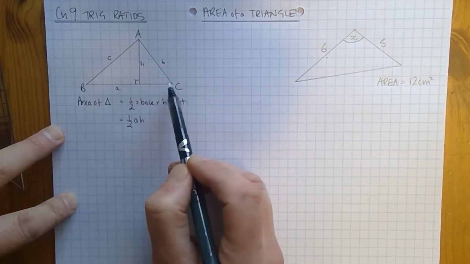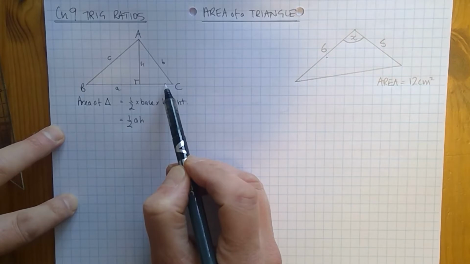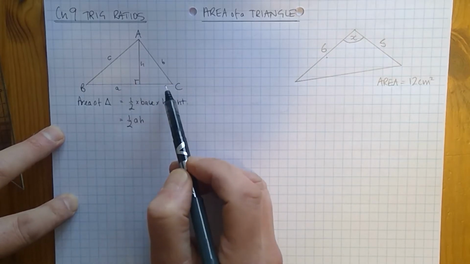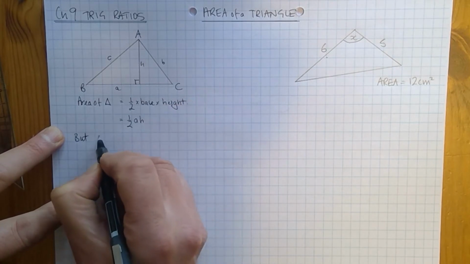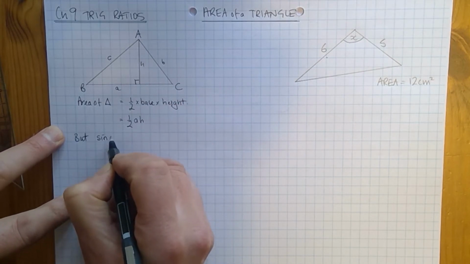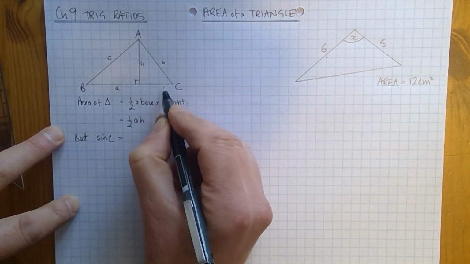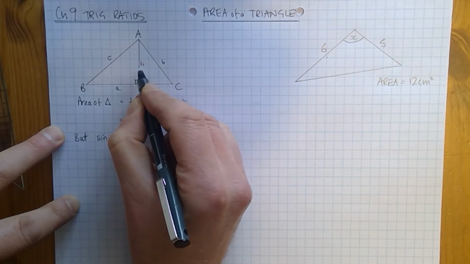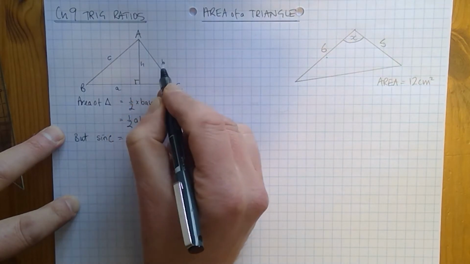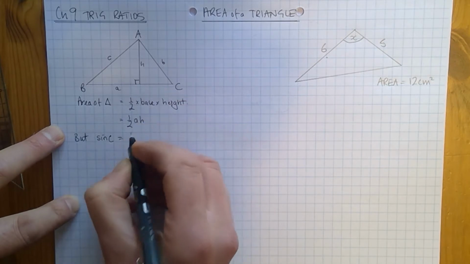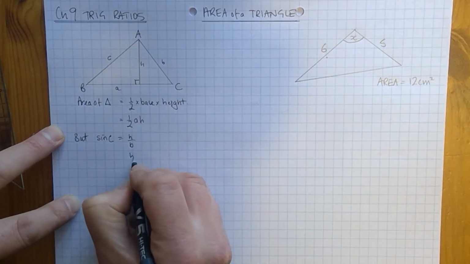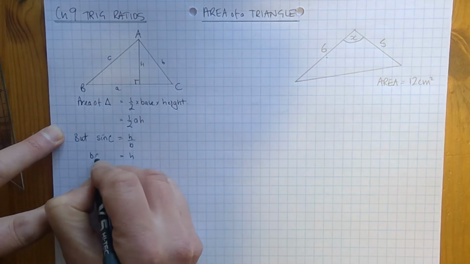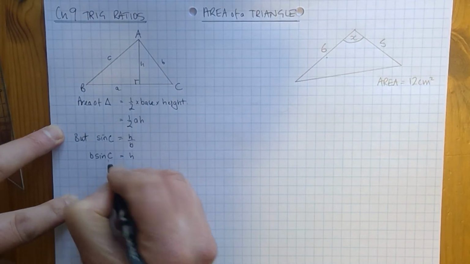We could either do this angle here or this angle here to help us work out H. Let's do sine C. Sine of this angle is this side over this side, the opposite divided by the hypotenuse. In this case, it's H over B. In other words, H is B times the sine of C.